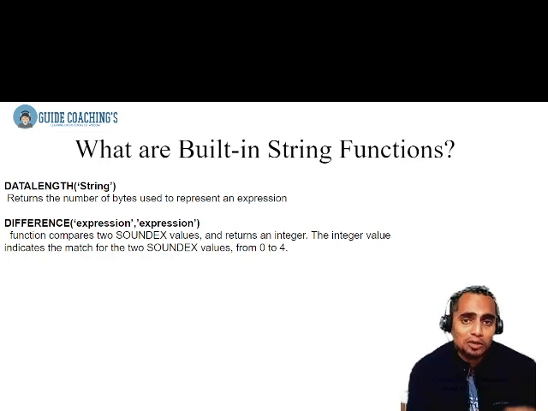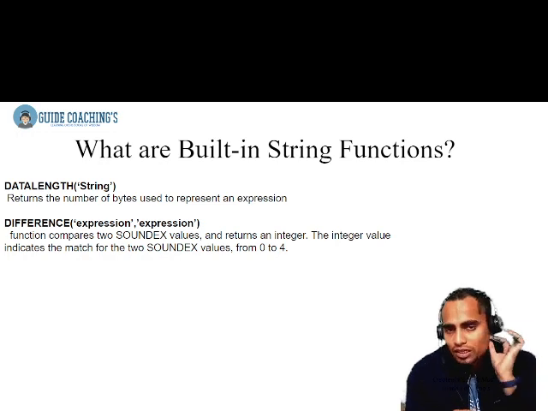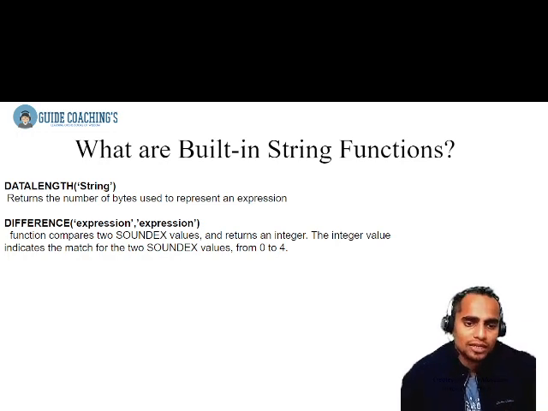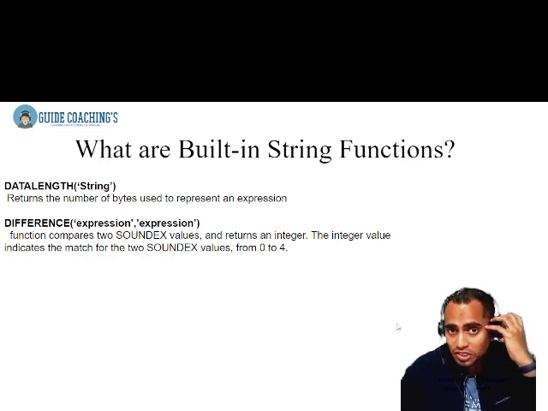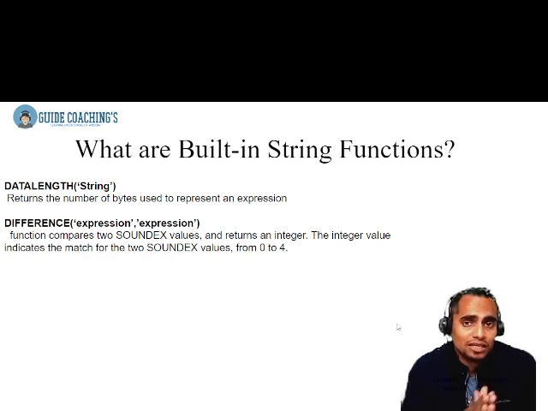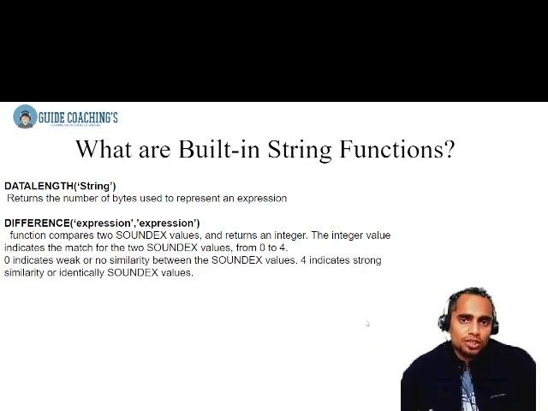Now we have learnt about the index value. Here, the soundex value is about how the words sound. If they sound equal or an exact match is found, it will give you a 4 as a rating. You can consider 4 as an exact match and 0 as no match, meaning they have no relation in the words. So that's how it works.